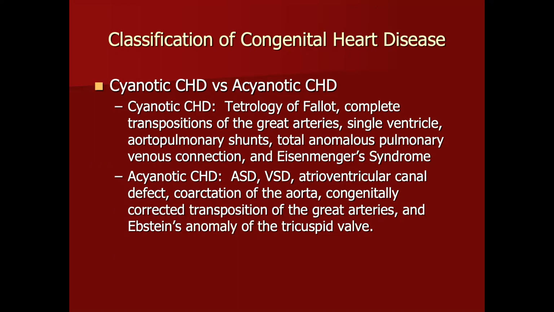Acyanotic heart disease is associated with no or little shunting of blood, or shunting of blood from the left to the right side of the heart and pulmonary circulation. If blood shunts from left to right, then increased pulmonary blood flow will result in pulmonary congestion and congestive heart failure.